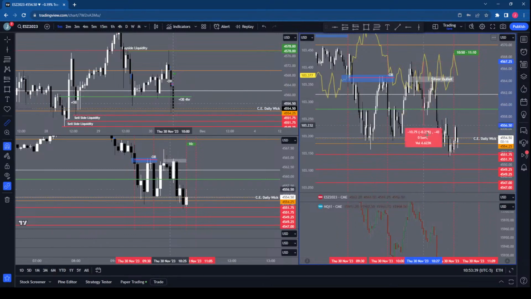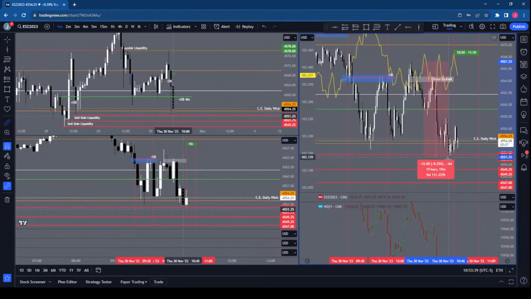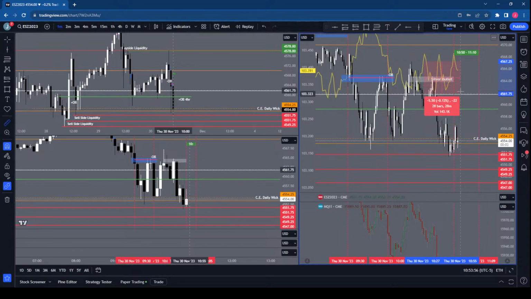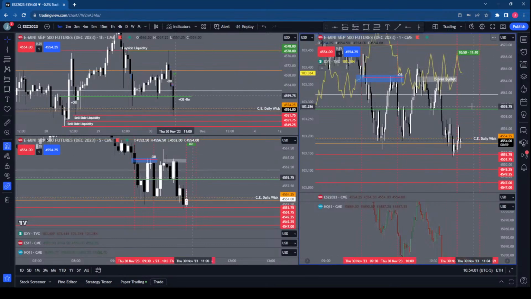And then remember this too, like this whole range that we've been in since 947 has been like 16 handles top to bottom. So that is pretty tight.